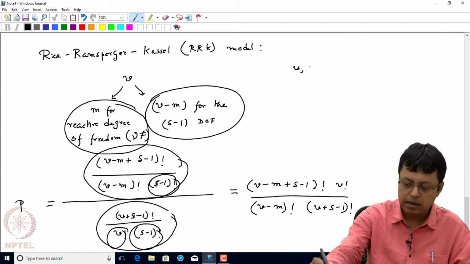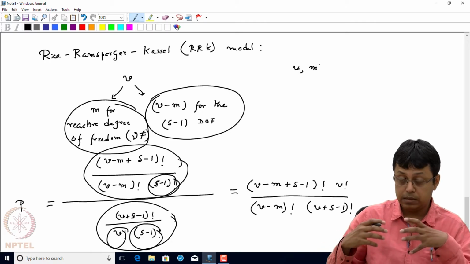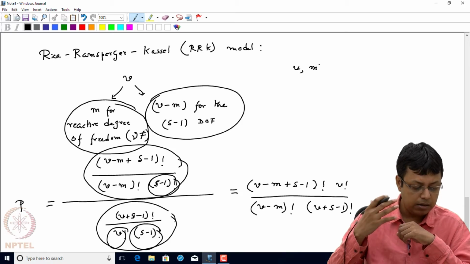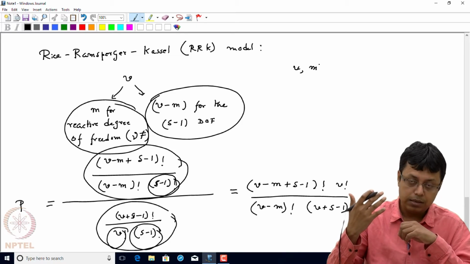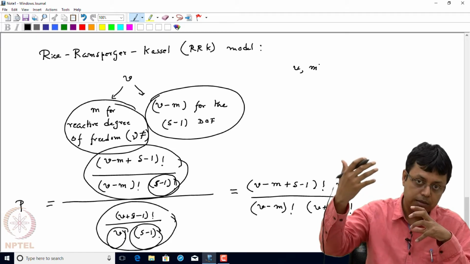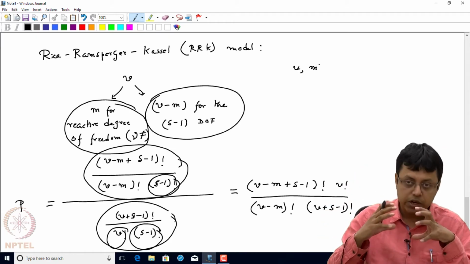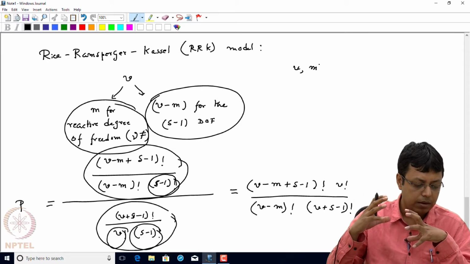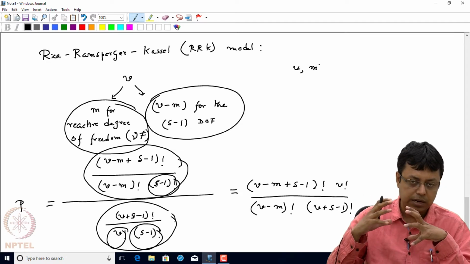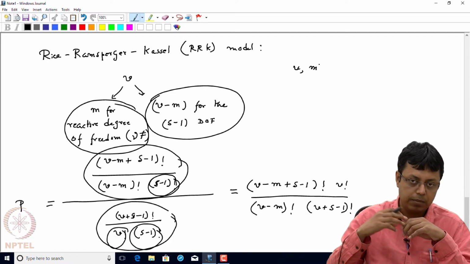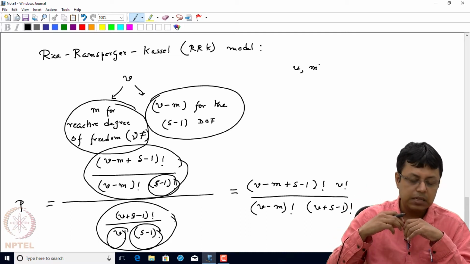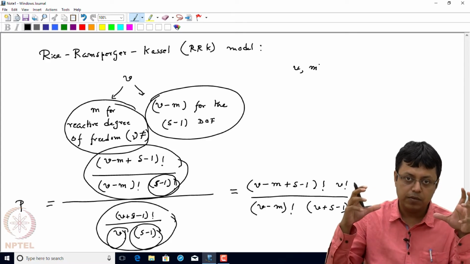Now you can further make approximations. You are assuming that your thermal energy kBT is much higher, because it's all collisional energy. So you have accumulated some amount of energy, and some fraction of the thermal energy is available for that, and the number of quanta like V and this m are much larger than the number of degrees of freedom.